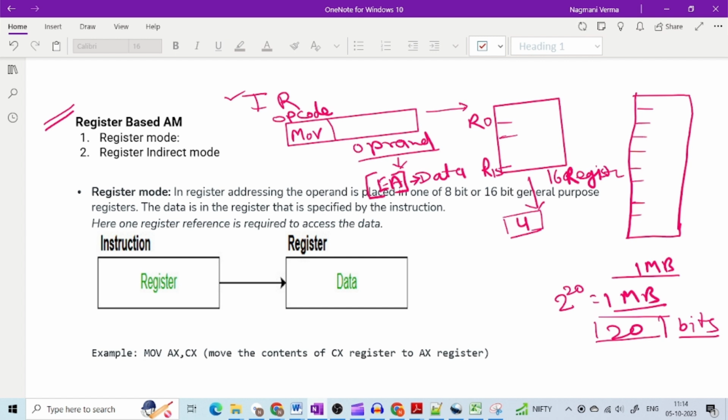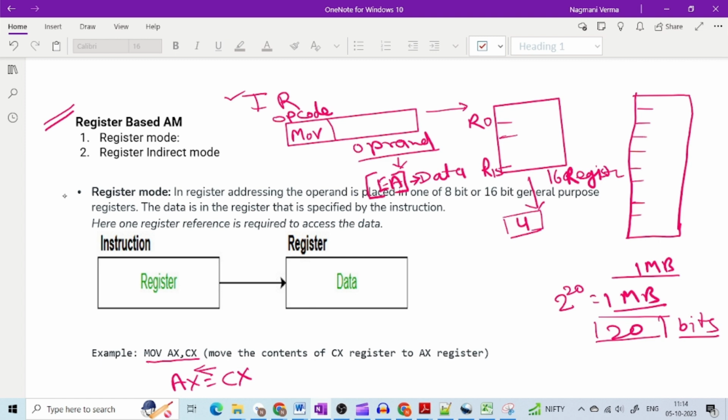In the register mode, we are not going to the RAM. It's only in the register. So in direct register mode, what is happening? We give instructions like you see in the example here: move AX to CX. We know this instruction works in this direction, so AX equals CX.